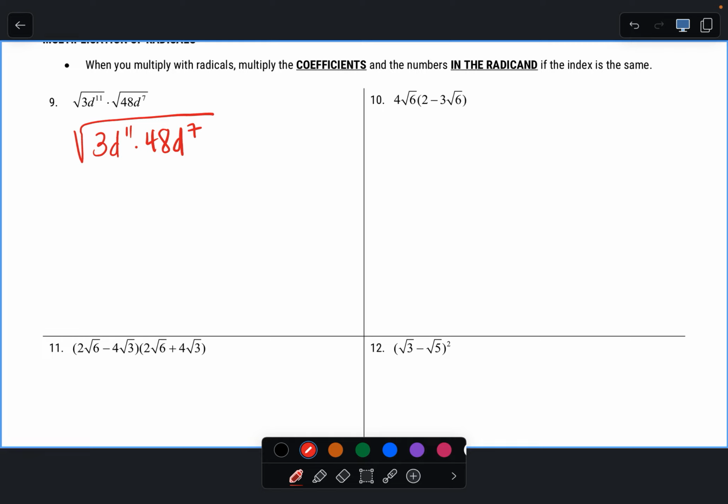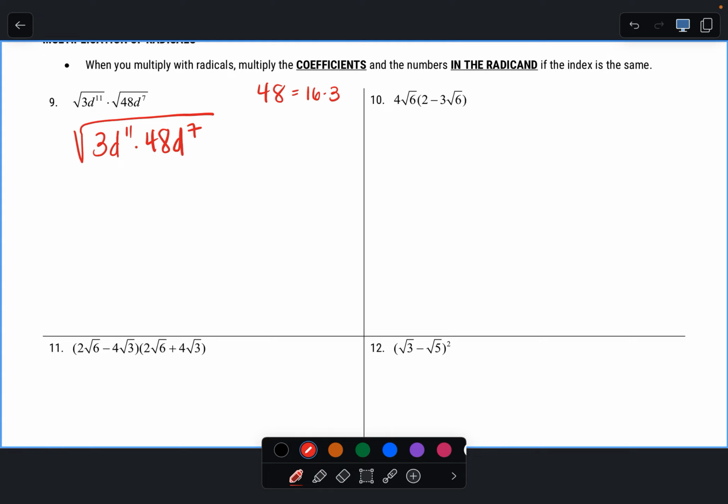So that means that I have to come in and take this outside term, the 4 square roots of 6, and I have to distribute. The only time you have to distribute in this way is if you have addition or subtraction. So we have subtraction, so we're going to have to distribute.